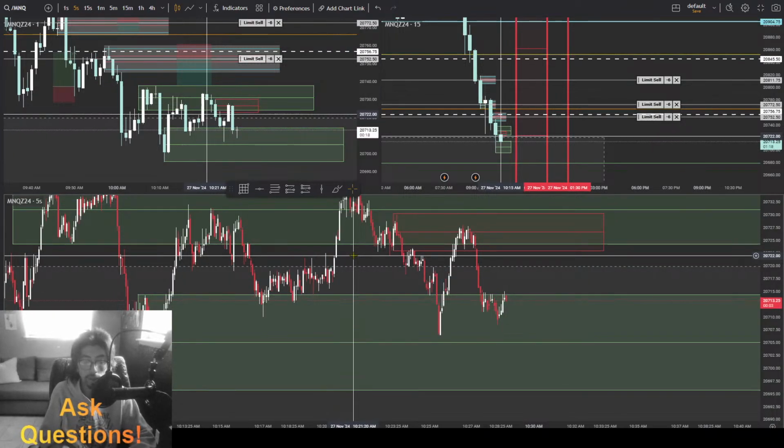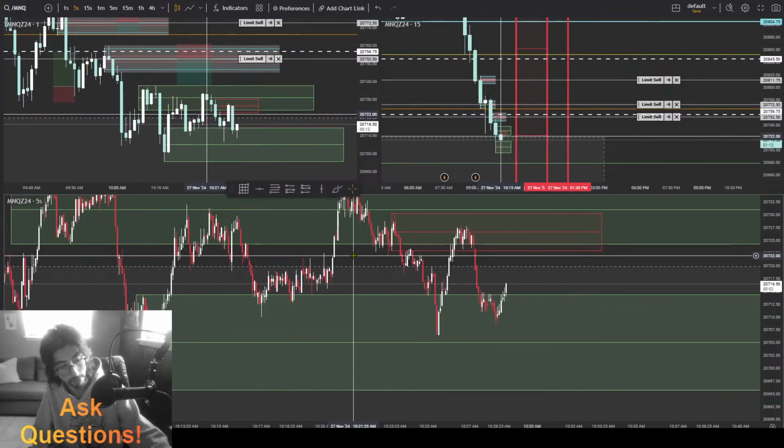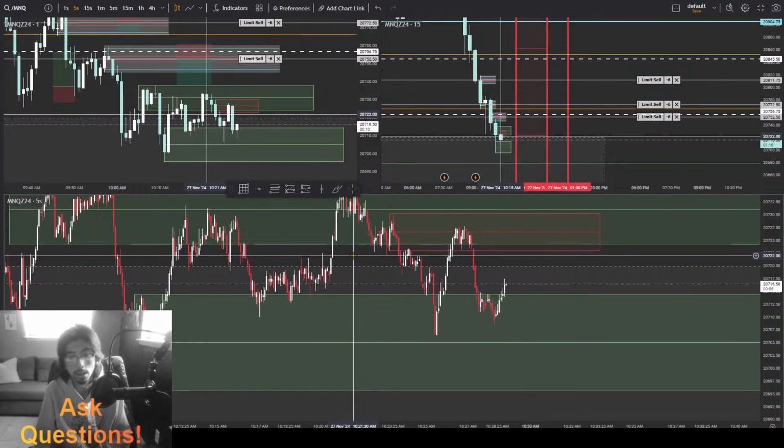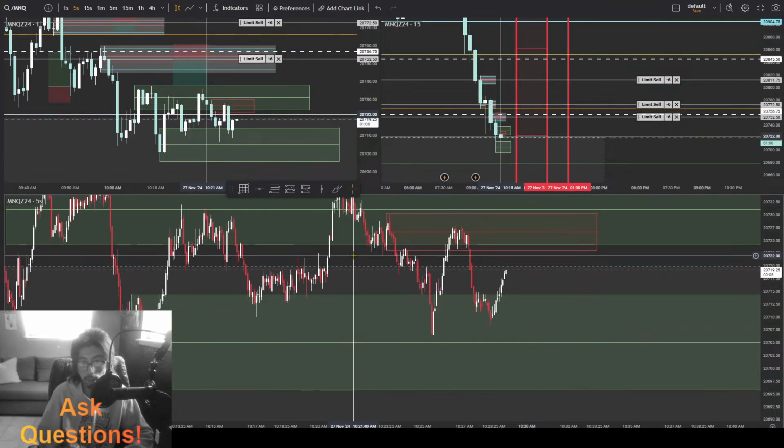They think they'll get funded with it, but a chicken can get funded. I'm not exaggerating. A monkey or goldfish can get funded and reach payout, but they're not gonna be consistent, because you're just gambling. You can hop on here and press buy or sell, and 50% of the time you're gonna win.